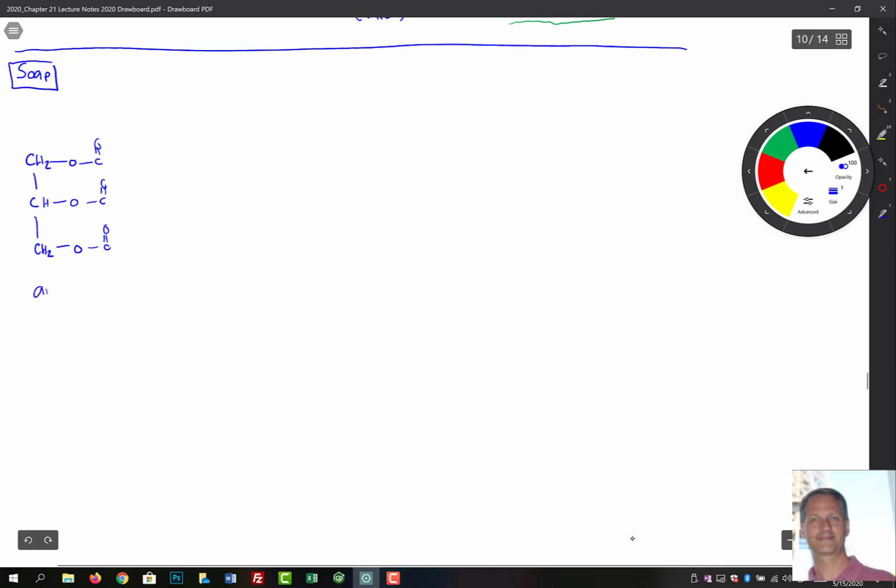Here we'll call this animal fat, essentially. Now, our chains off of here are going to have a different number of carbons depending on what source of animal fat you have, so it doesn't really matter. Let's just build those up to have about that number of carbons, and then we'll just complete that down for the next ones too.